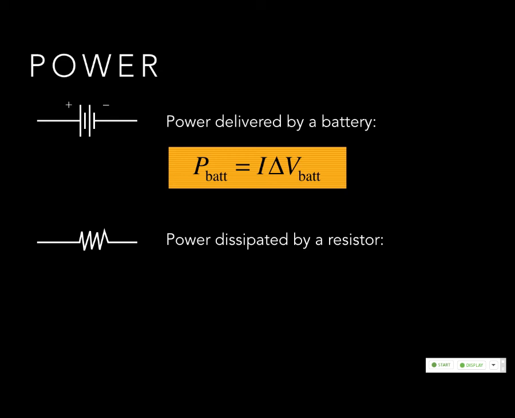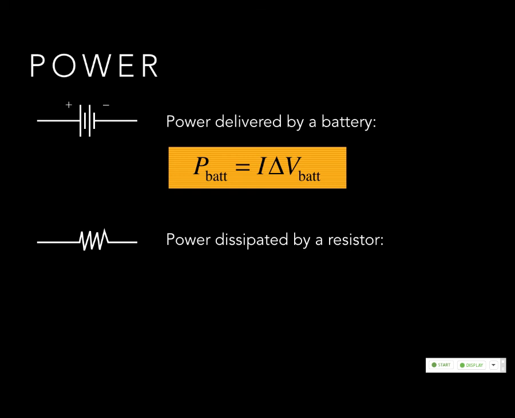For the resistor, it's just the current through the resistor times the voltage of the resistor. So you have to calculate the power for each circuit element, and then you can calculate the power for the total system. Basically, the battery's power output should be the same as the power used by all the other circuit elements.